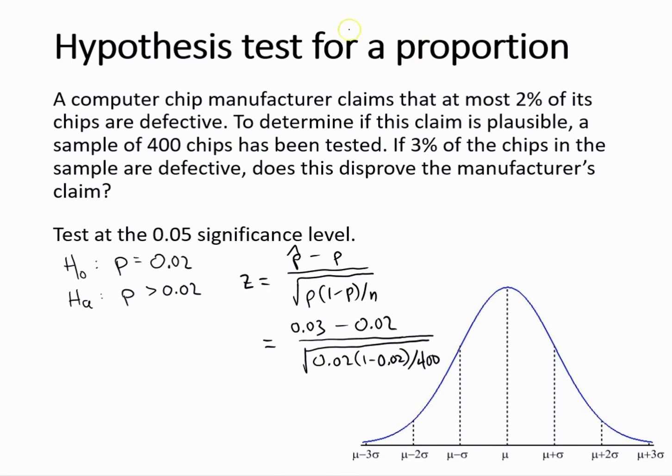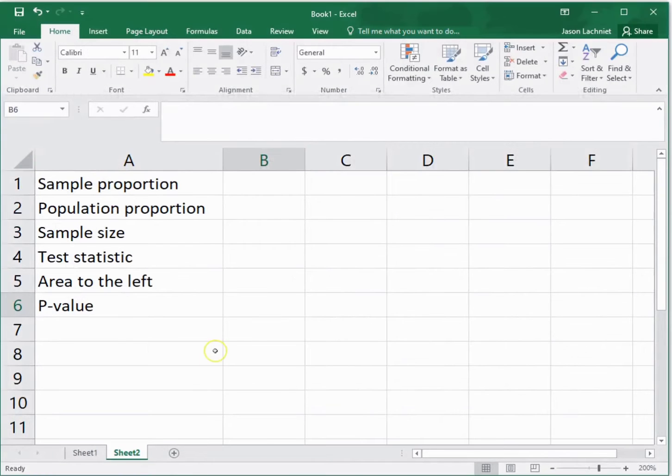It will be a z-score. I'm going to go ahead and use Excel as our calculator. So our observed sample proportion was 0.03. The population proportion is the 0.02 that we assume to be the true population proportion according to the null hypothesis.